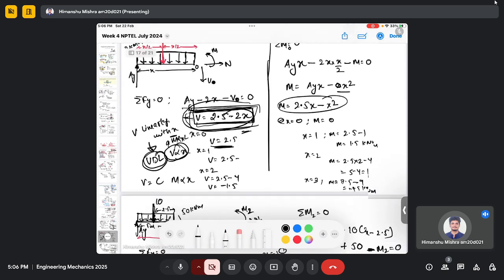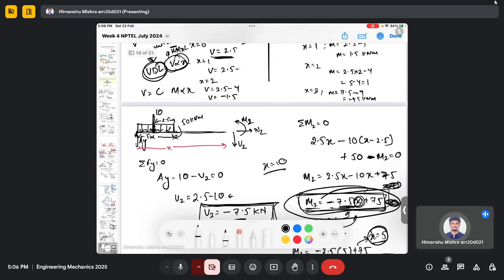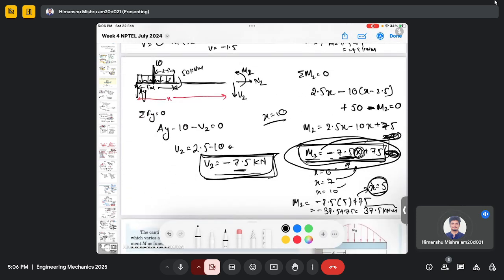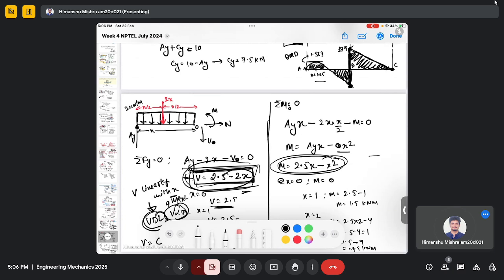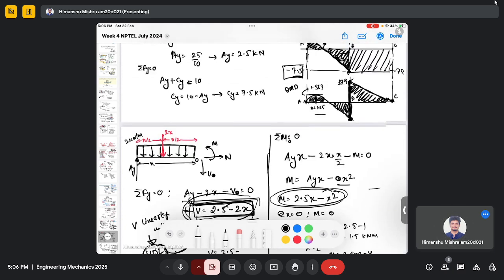For that we use the method in calculus where we try to find the slope 0 case, and there we differentiate this expression and equate it to 0. So we find the location where the slope is 0, and that is the maximal positive value of bending moment.